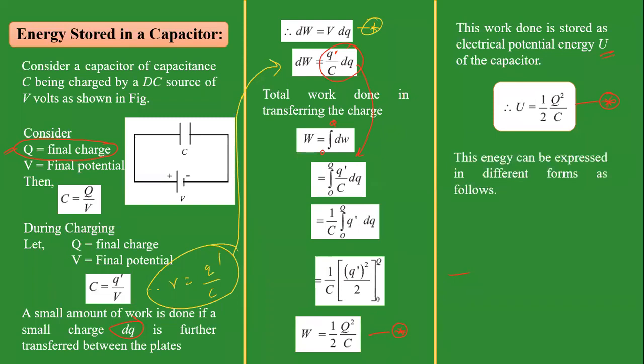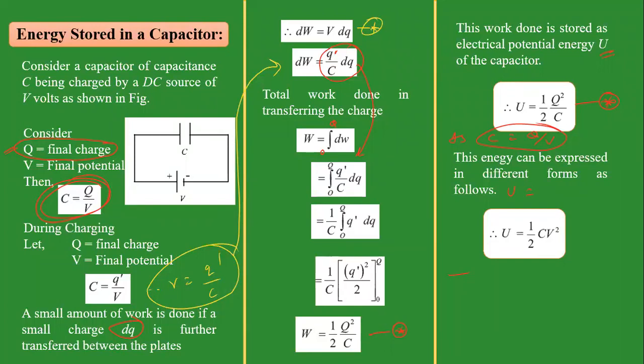This energy can be expressed in different forms as follows. We know the formula C is equal to Q by V. By using the formula Q equal to CV, we can write instead of Q, CV.